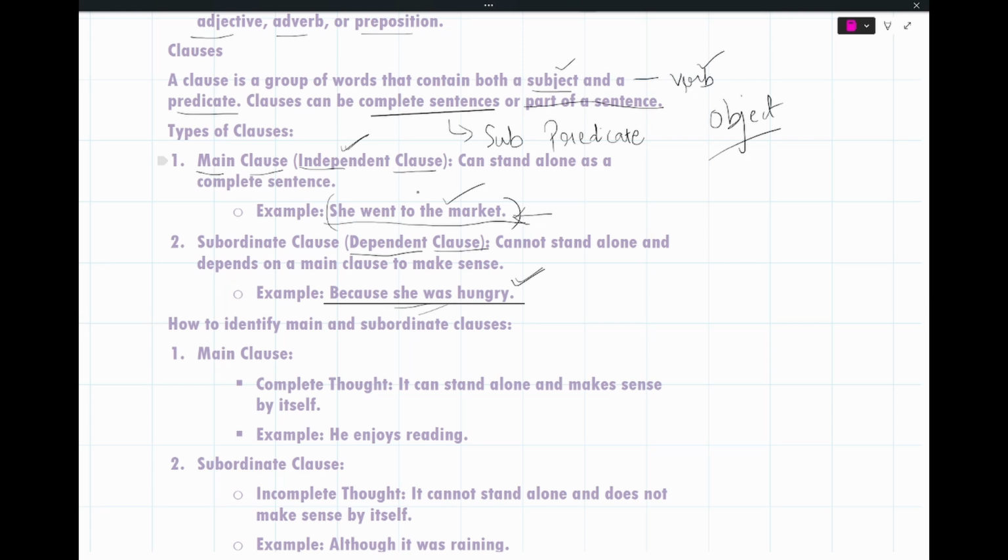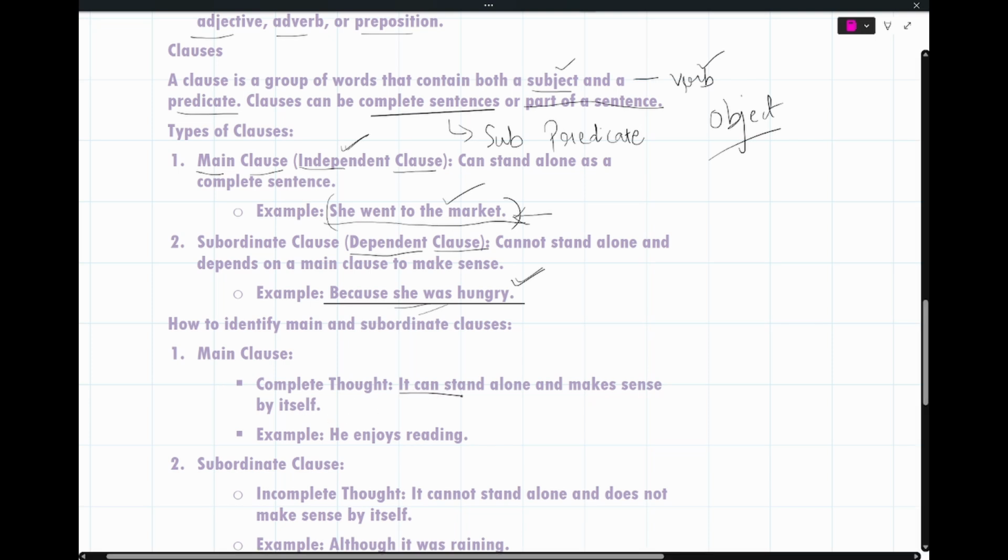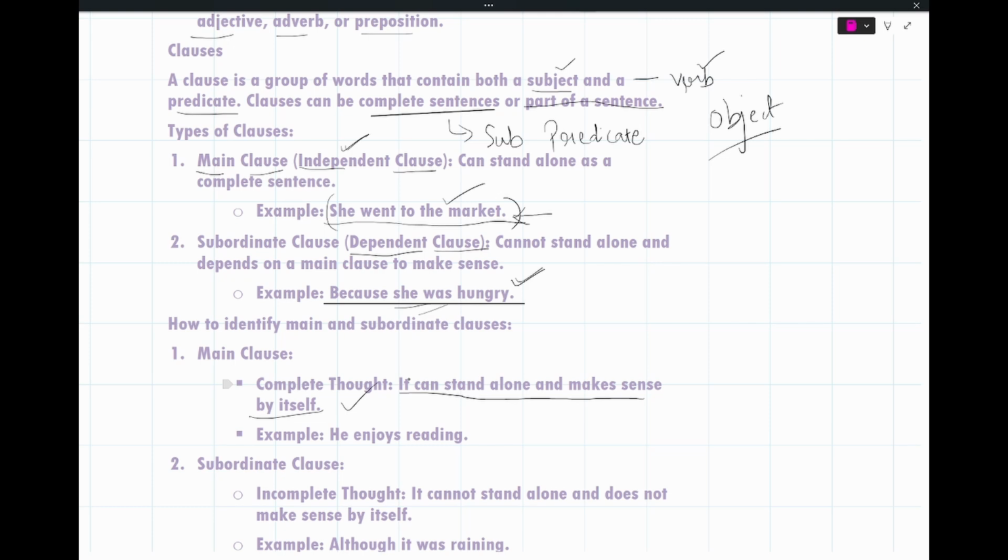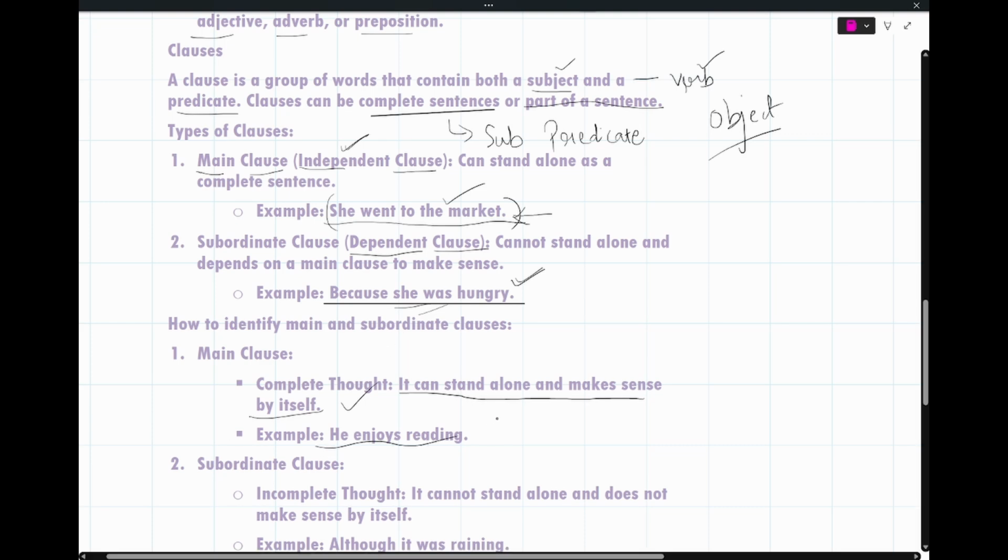Now, how do you identify them? One thing you'll have to keep in mind is that the main clause will give you a complete thought. That means it can stand alone and make sense by itself. You can easily understand this by reading the sentence. You will be able to identify whether that part of the sentence is giving sense or whether it depends on something else. For example, he enjoys reading. It's good enough.